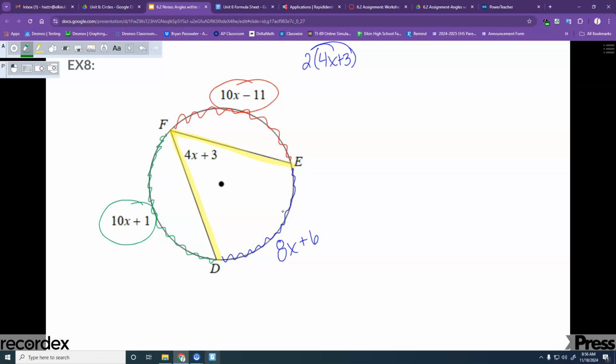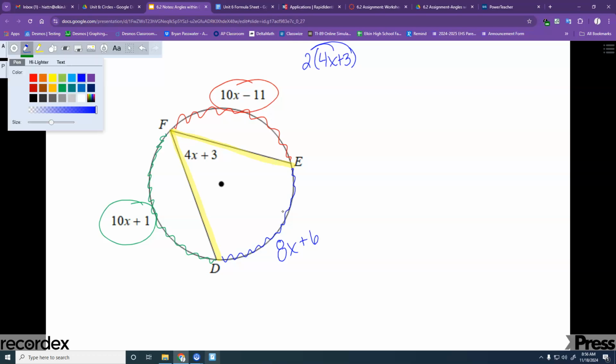So any ideas? We're not going to multiply by 2 because we don't have an inscribed angle anymore. The only inscribed angle we had was this one, and we've already multiplied it by 2 to get this. So now, what should we do, Kaylee? Yes.